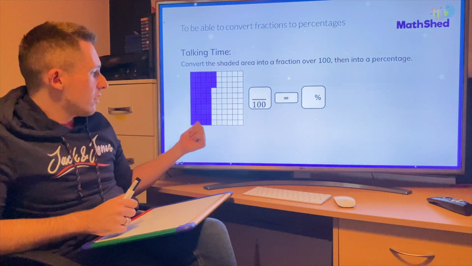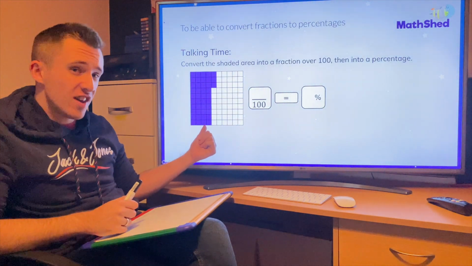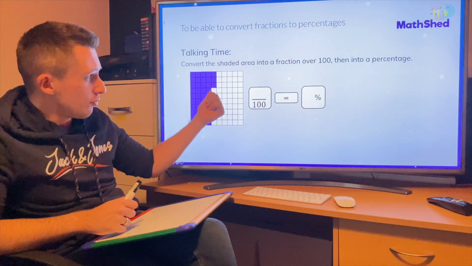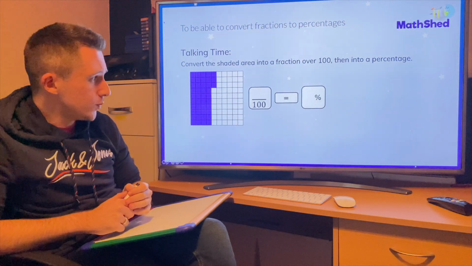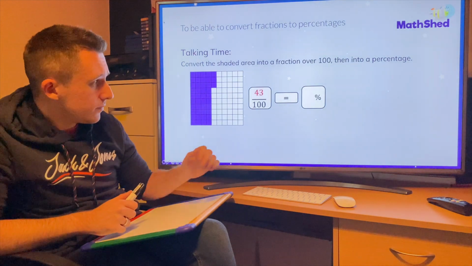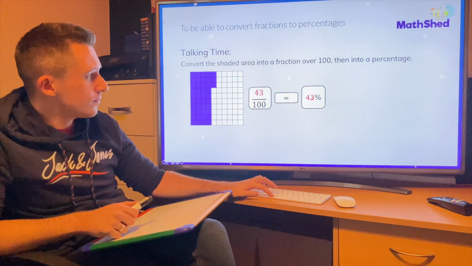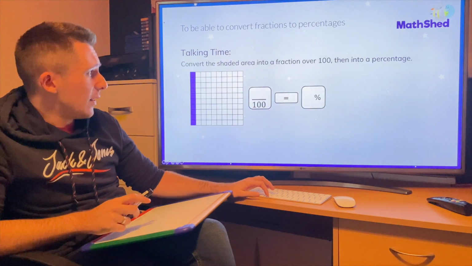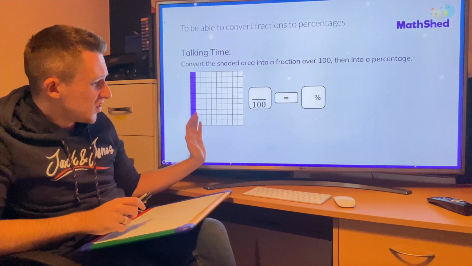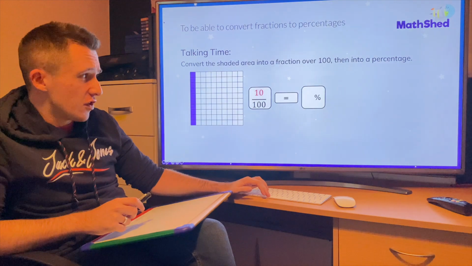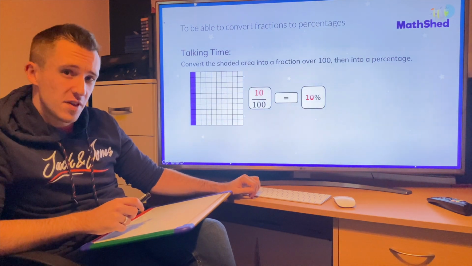Okay, so we've got 10, 20, 30, 40. 1, 2, 3. We've got 43 out of 100, which is the same as 43%. And this one here, we've got 10, which is the same as 10%.